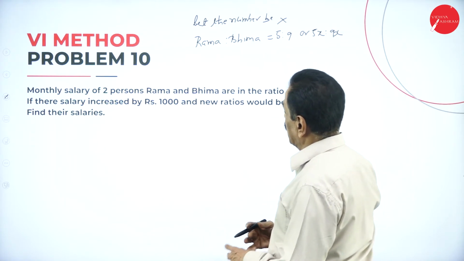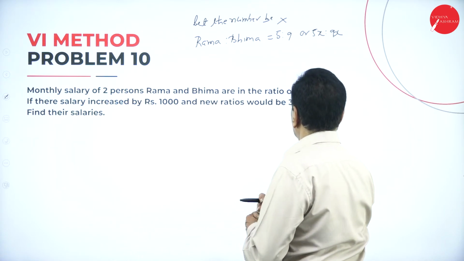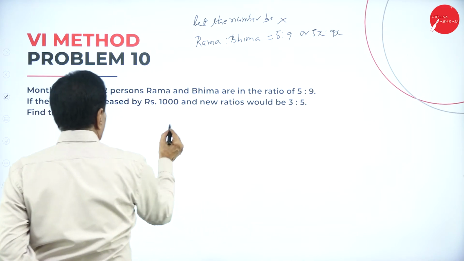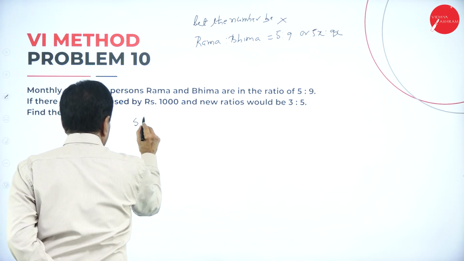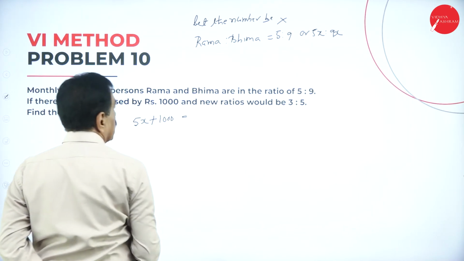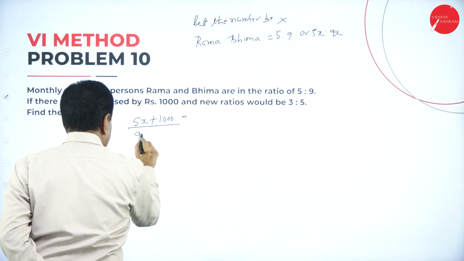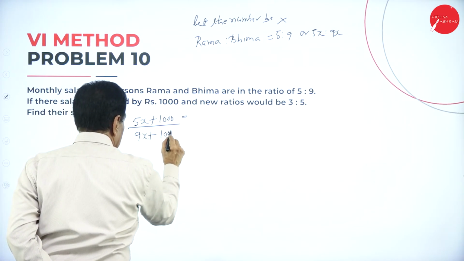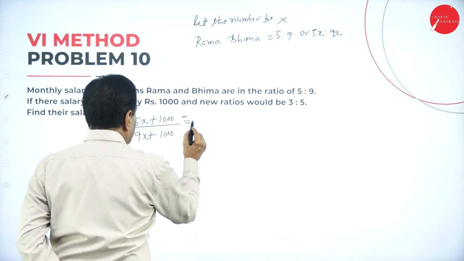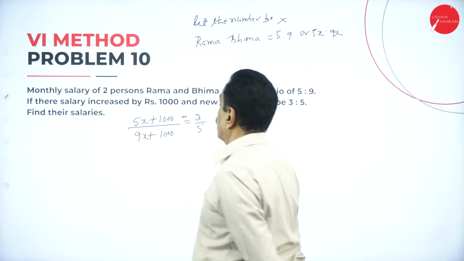Then their salary increased by 1,000. The new ratio is 3:5. So here 5x plus 1,000 divided by 9x plus 1,000 equals how much? 3/5.